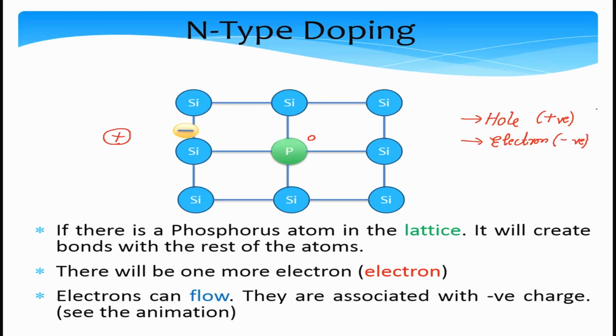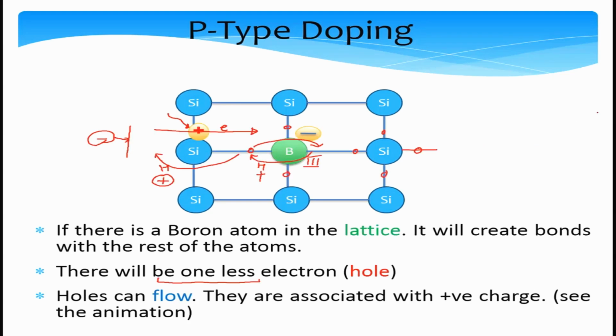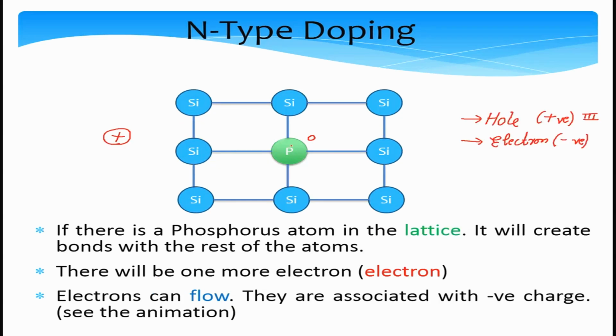So how is a hole introduced? A hole is introduced when you dope silicon with a group 3 element. In that case, one electron is missing, as you can see from the previous slide. One electron is missing from the lattice, so that creates a hole, and the hole can migrate and electrons can come and fill it up. So basically the hole in this case is associated with positive charge.